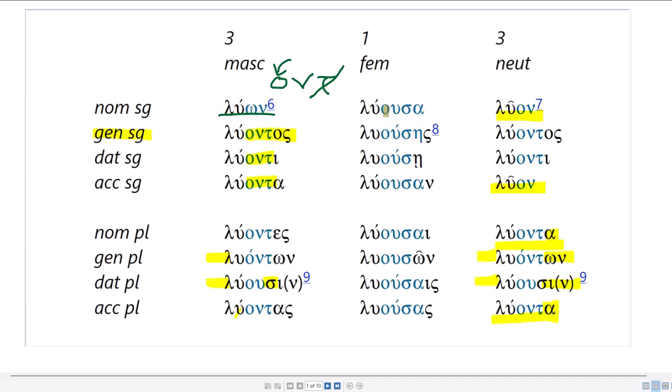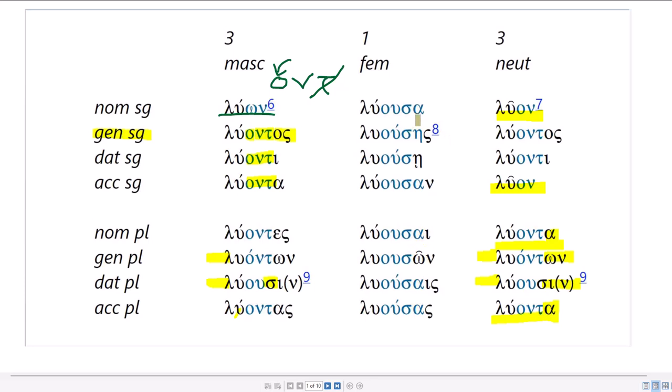Remember we had ousa as the participle morpheme, and then we have the pattern here where the nominative and the accusative have alpha, and the genitive and the dative have eta. So we see that for certain first declension nouns like doxa, the plurals are all normal.